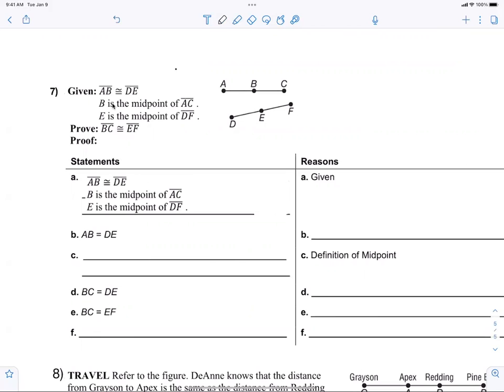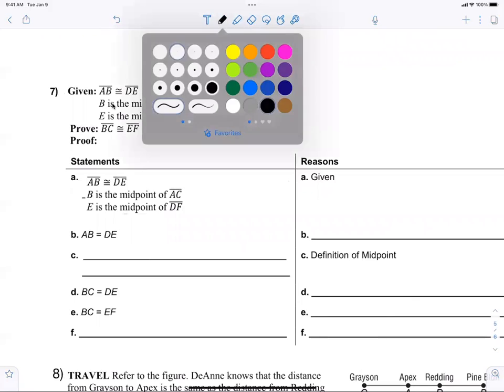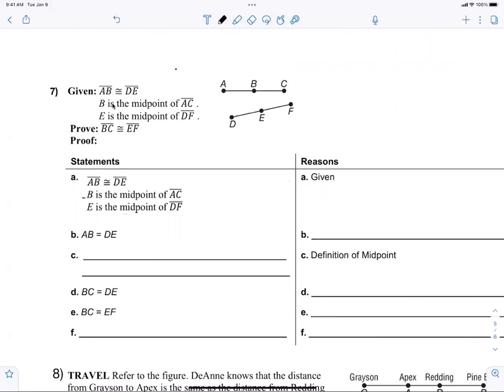All that is the given. Once again, if you don't know this one, you haven't been paying attention. Definition of congruence. So what's true if B is the midpoint of AC? Tell me.